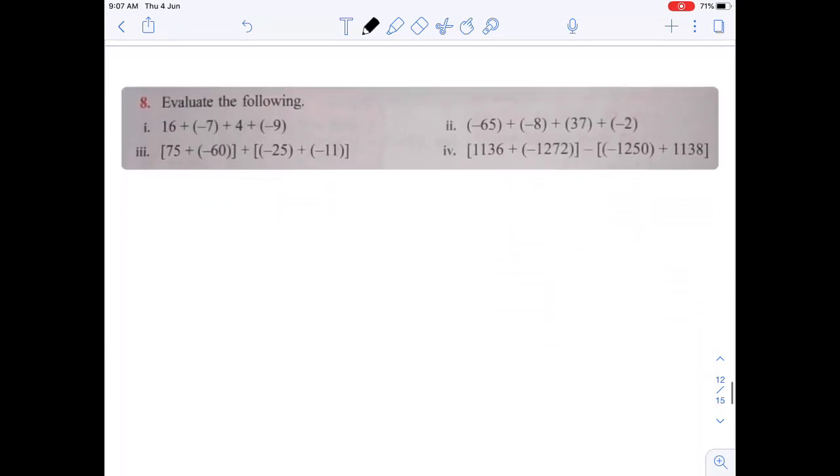Now here it is given evaluate the following, means we have to find the value of the following. Let us try to solve example number 4. So now stepwise I will write the number.